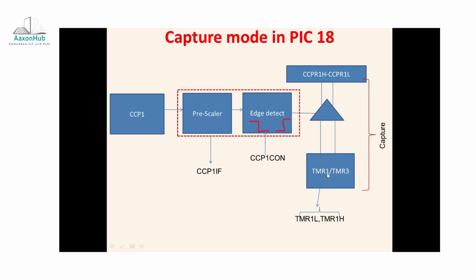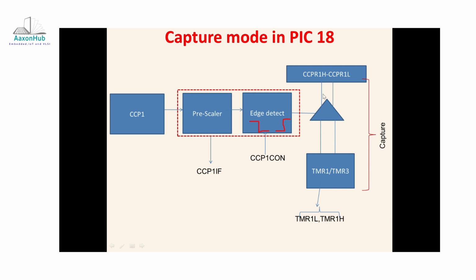If it is Timer 1, it is TMR1L and TMR1H, and if it is Timer 3, the same timer count register is denoted with the names TMR3L and TMR3H.